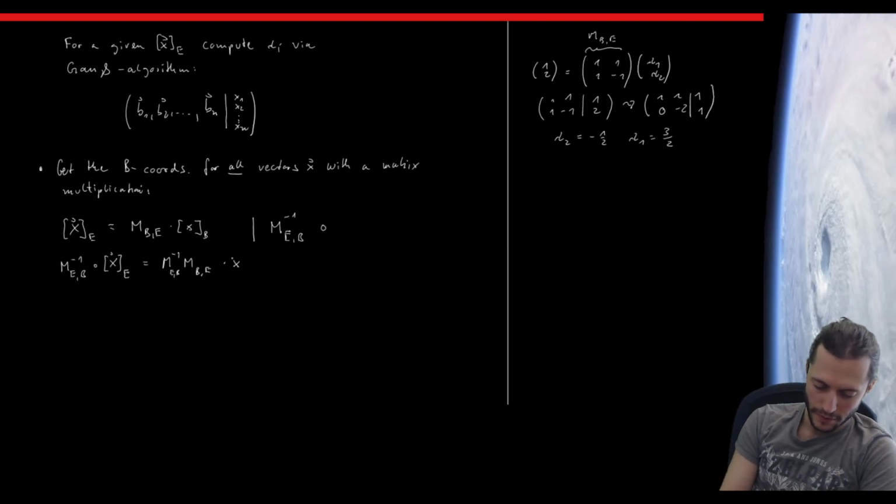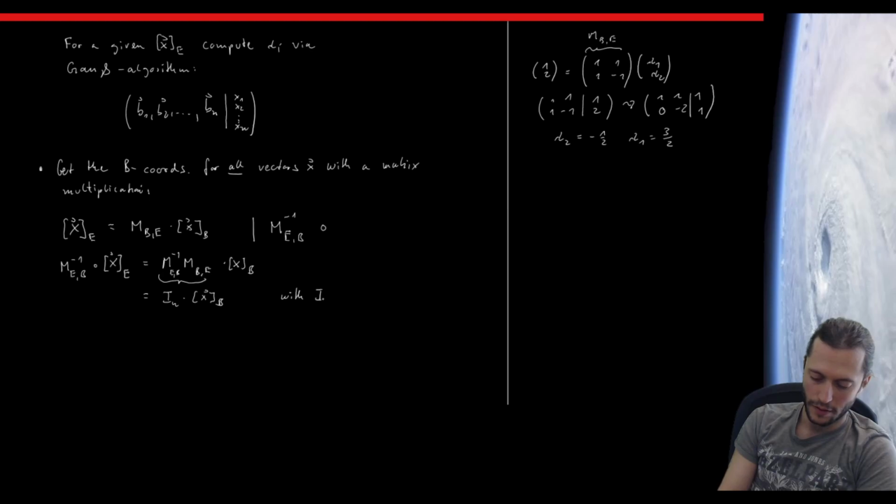First the vector x with respect to B. This one gives us the unit matrix. So this is basically, let's call it In times xB, with In the unit matrix.